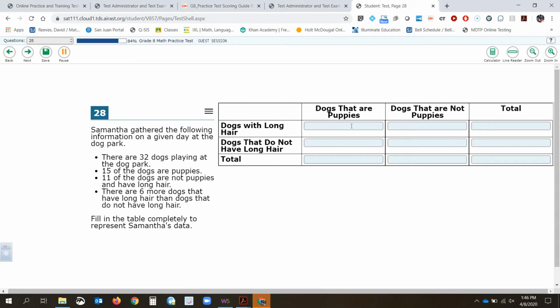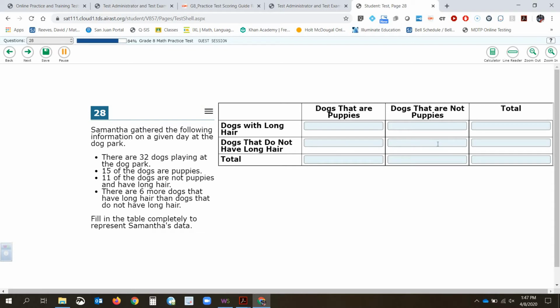So, for example, this cell right here has to be the combination of dogs that have long hair and dogs that are puppies. So this would be long-haired puppies. This one would be long-haired that aren't puppies, right? This one right here would be puppies that don't have long hair, or short-haired puppies.